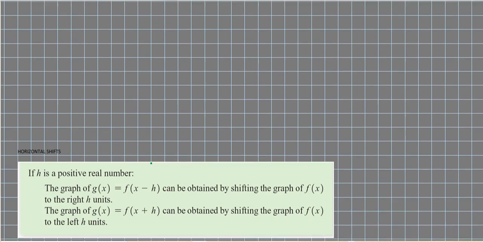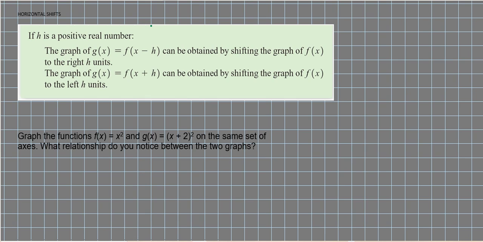All right, let's do a horizontal shift really quickly. If h is a positive real number, the graph of g of x equals f of x minus h can be obtained exactly. It looks a little different, right? This is the way if I don't use the book's definition. If the h is inside of the function, and it's a minus h, then you move it h numbers to the right.